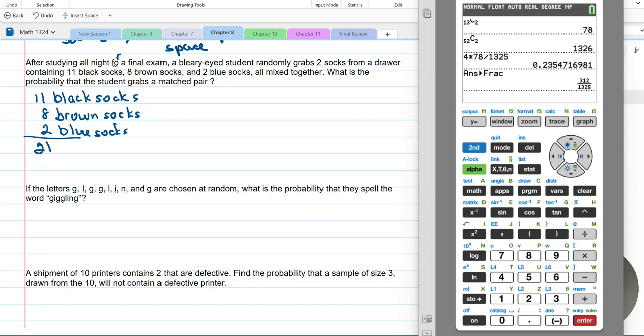It looks like 21. All right, so we've got this value here. And all mixed together. What is the probability that the student grabs a matching pair?